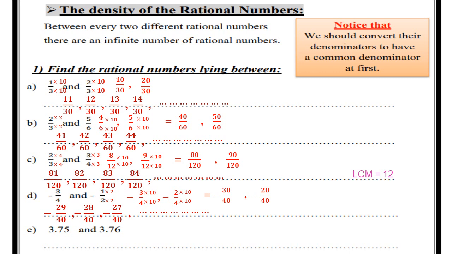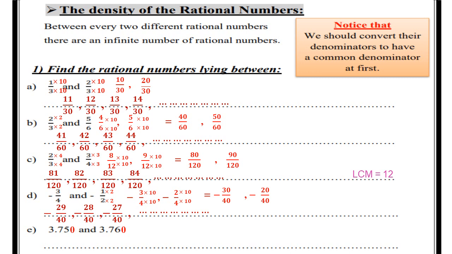E. I have 3 and 75 hundredths and 3 and 76 hundredths. To get the rational number lying between them, I have to add 0 to both decimal numbers.